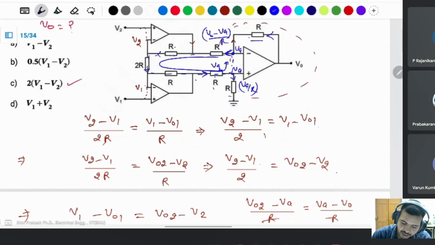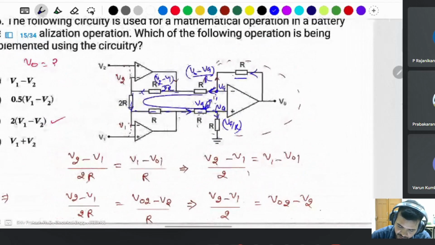This current is (V2 minus V1) divided by 2R, flowing through here. This is the same current. Then just apply KVL here.